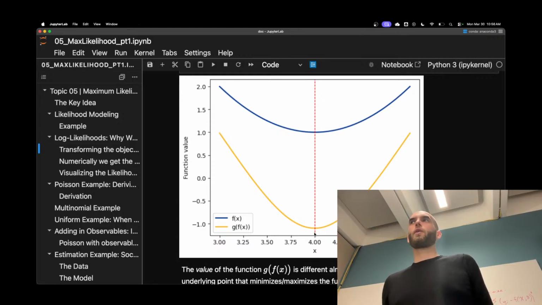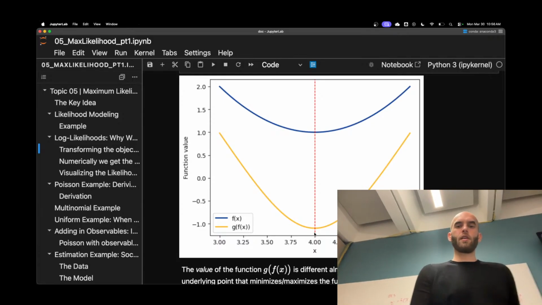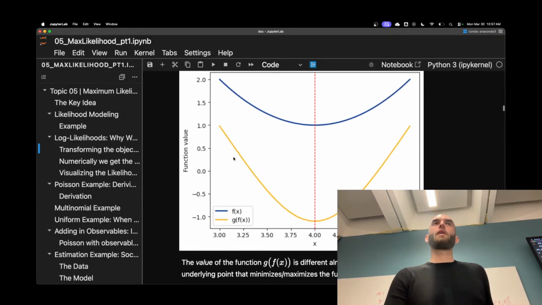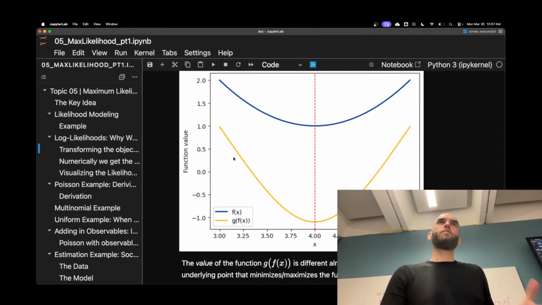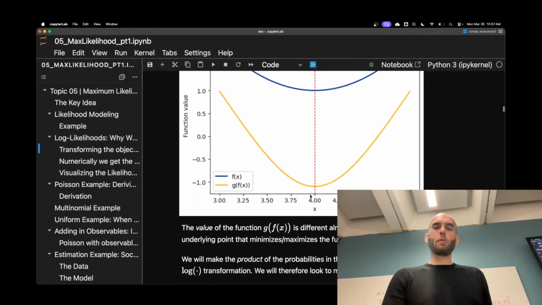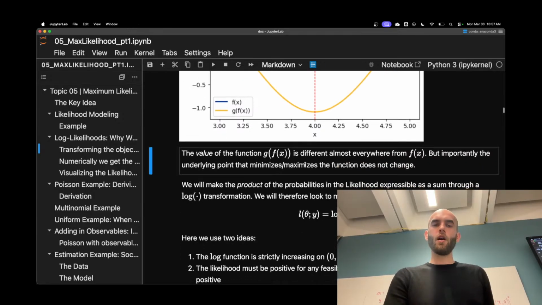This is the trick we're going to use to get ourselves out of this product problem. The actual values are different, right? The evaluation of g of f of x will of course be different than f of x, but the optimizer will be the same.